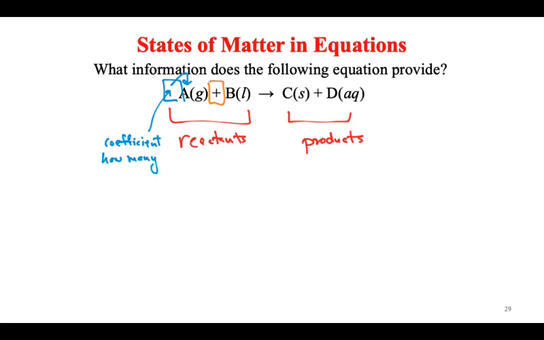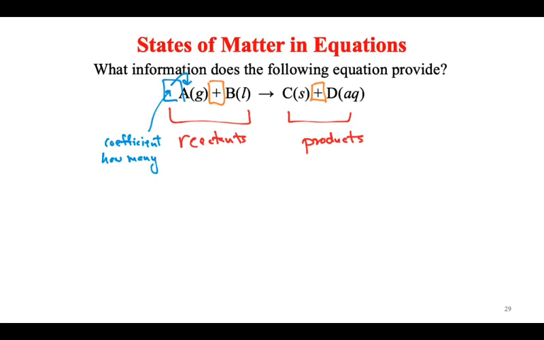Okay? We have that mathematical operator, which is now allowing us to differentiate two different things being made or mixed. At the same time, we see it show up in the product side. Does it mean the same thing? Yes? So I could say for the reactants, A produced with B? No, I couldn't, right?